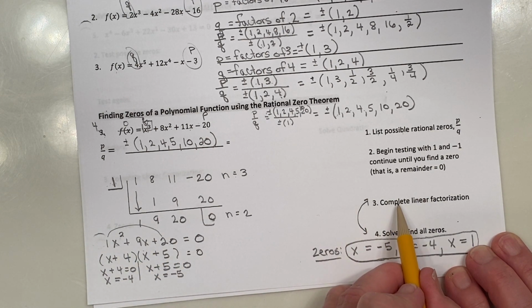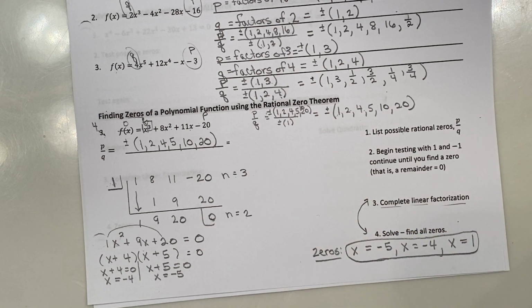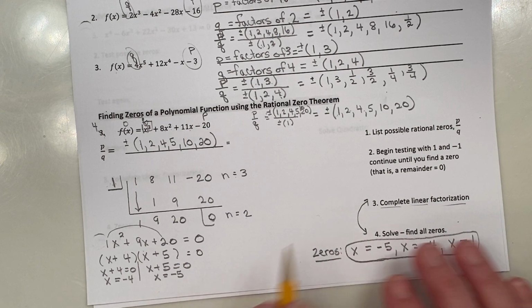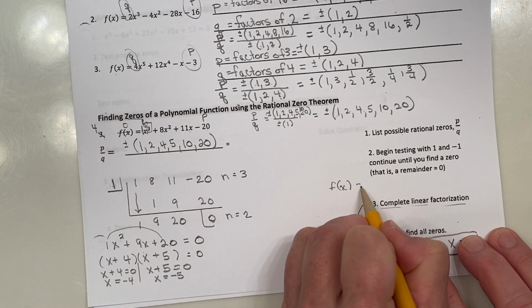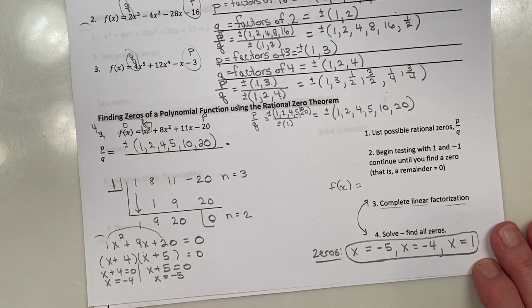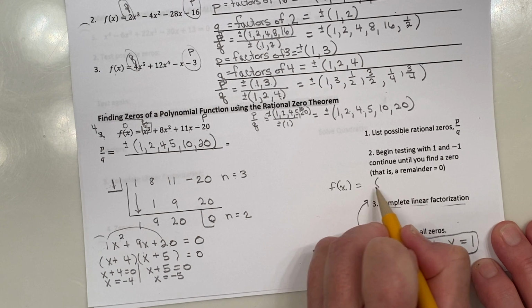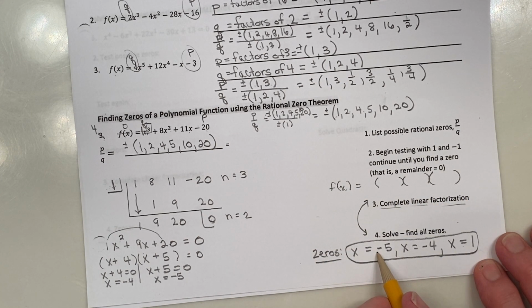So now that I switched them, we're asked to complete the linear factorization. And what that means is, I think I'll put it above number 3. That means that the original function right here could be factored into linear factors. So I'm going to leave a little space here. You should too. I have 3 zeros.